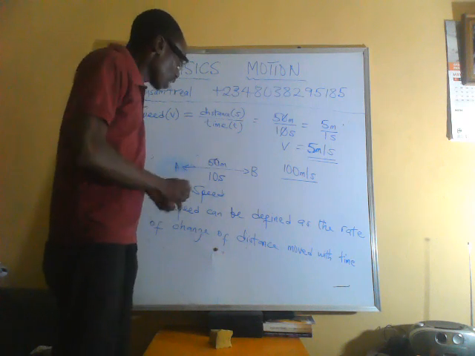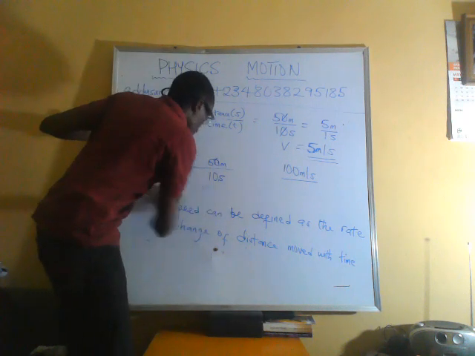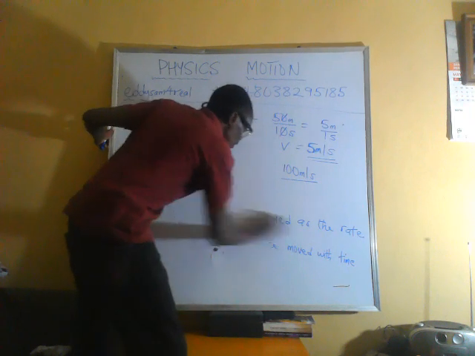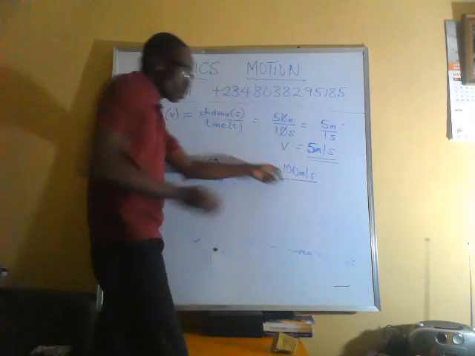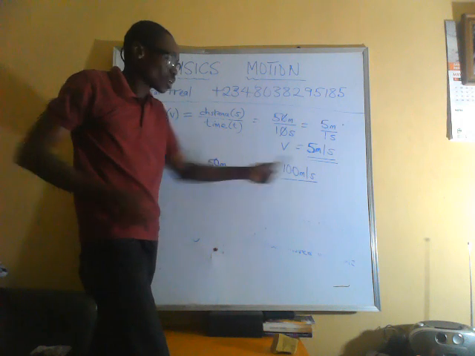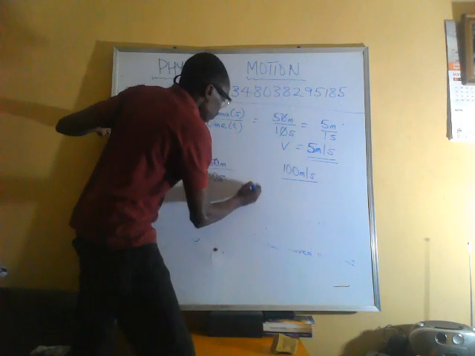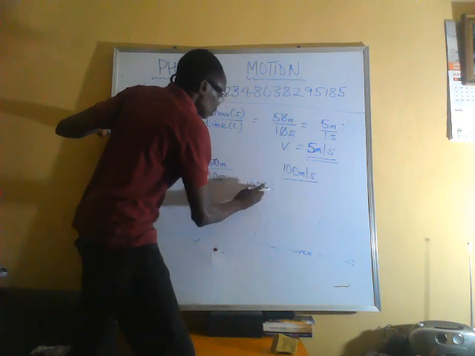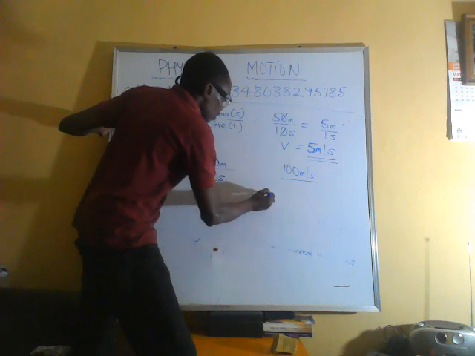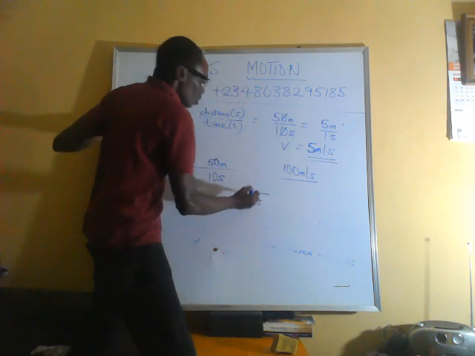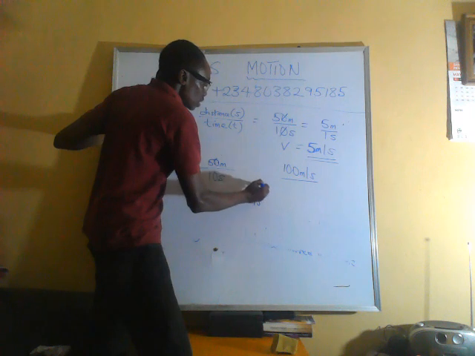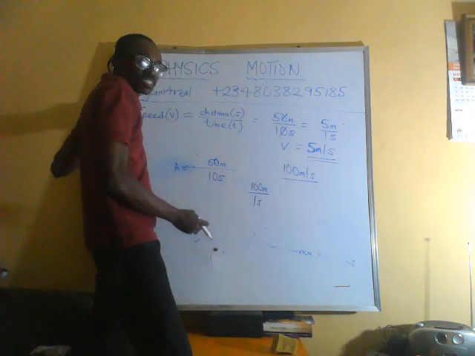So we can actually look at this now. In this scenario, whereby a car moved at 100 meters a second, in the first 1 second, it drove for 100 meters.